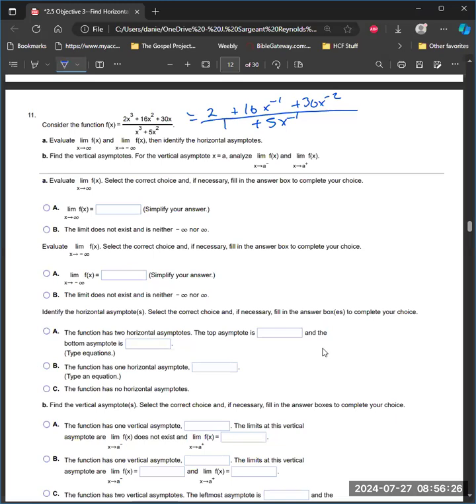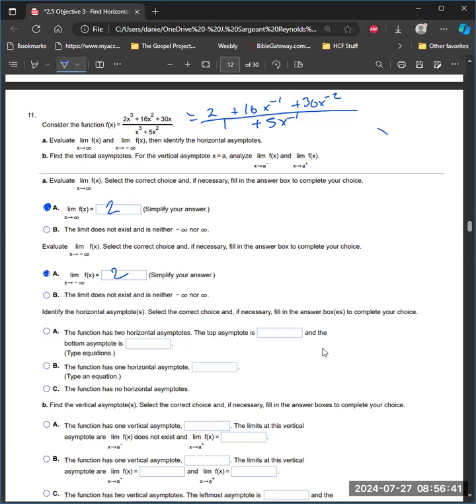We want to see what happens as x goes to infinity. We're going to get close to 2 over 1, which is 2. And as we get close to negative infinity, it's also going to get close to 2 over 1, which is 2.